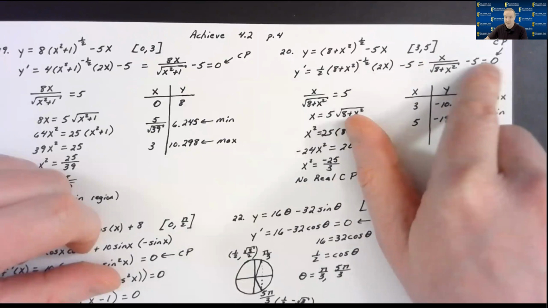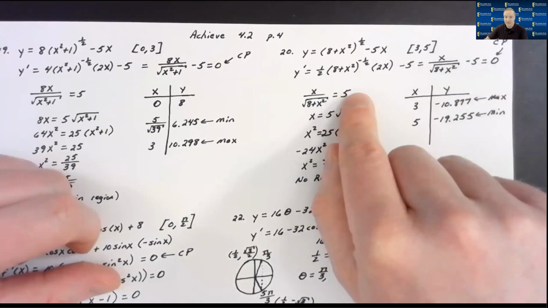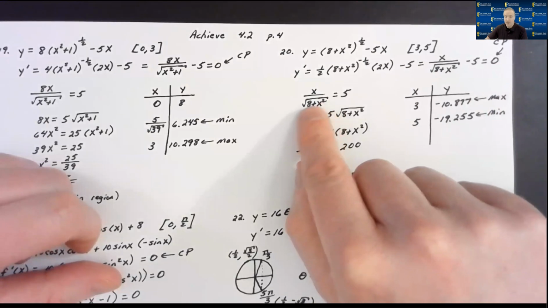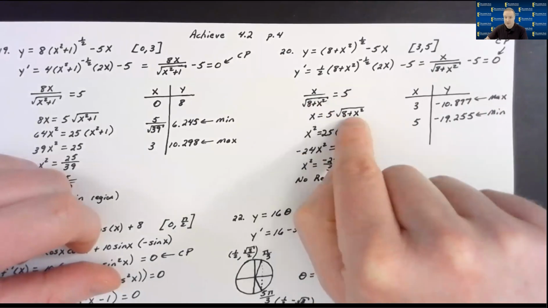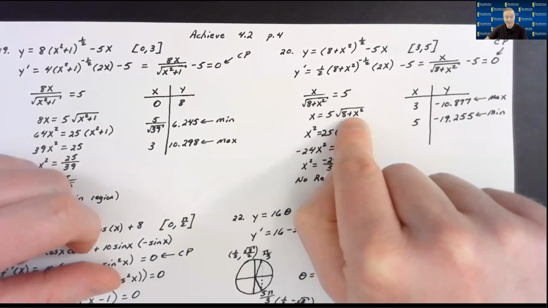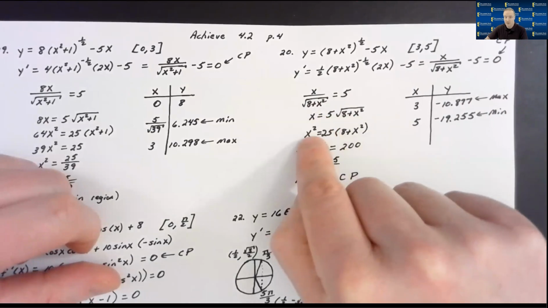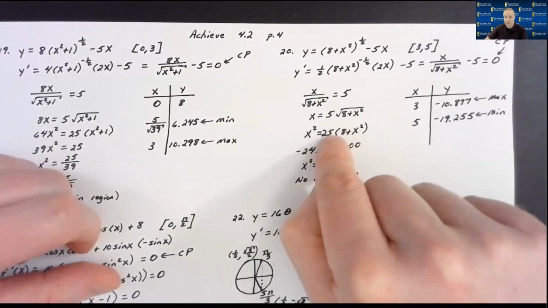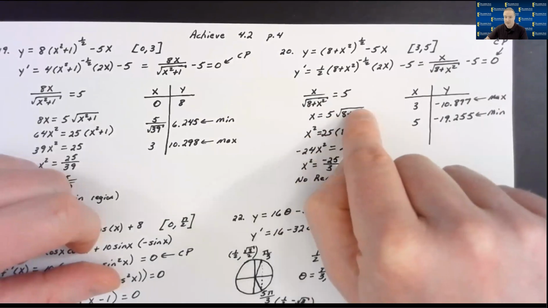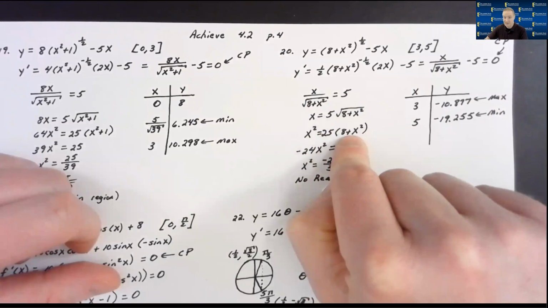And again, just like the last problem, I'll move the 5 to the right-hand side, and then I would multiply by the square root on each side. Once I do that, I've got to get rid of the square root, so I square both sides. I get x squared is going to equal 5 squared, 25, times the square root squared, which is just what's inside, the 8 plus x squared.